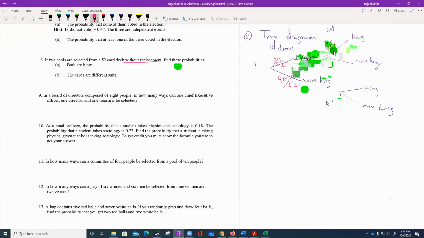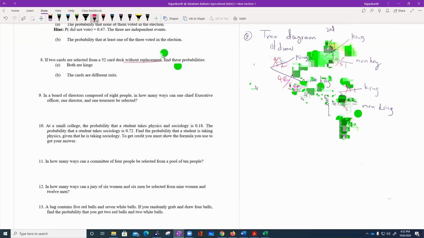Now you have for the second chance only 51 cards because you are not replaced. So choosing second time king is 3 over 51. So remaining all 48 should be non-king. This branch says you have to assume that you're choosing first time is non-king. Then what is the probability of second time also non-king? Now you have 1 less than the earlier. So like that, finish.